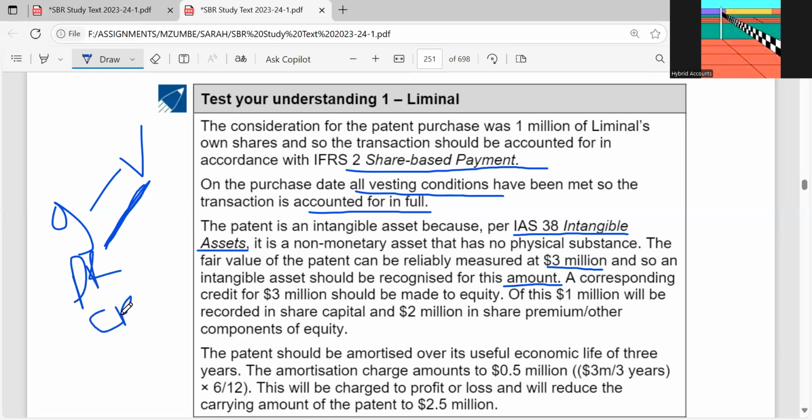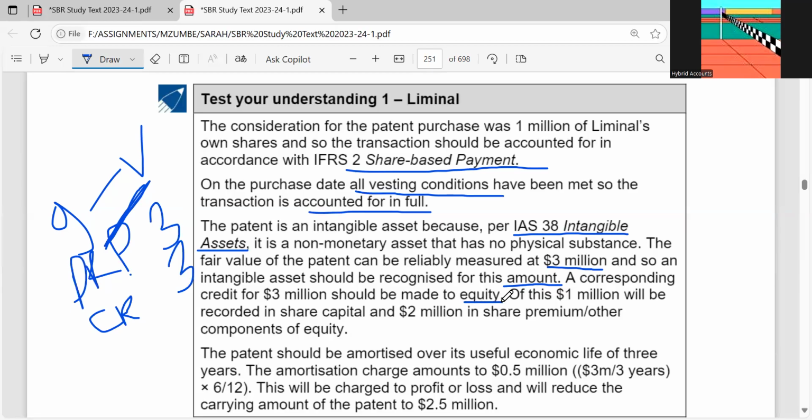A patent is an intangible asset, so I would debit the patent at $3 million, and on the credit side, credit equity at 3 million dollars. So a corresponding credit for 3 million should be made to equity.